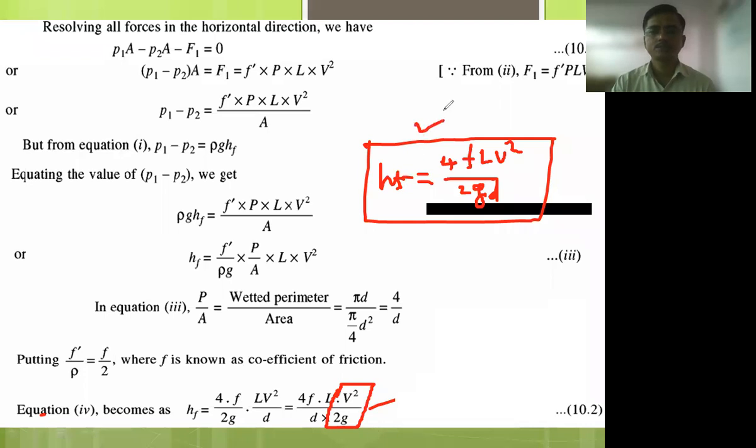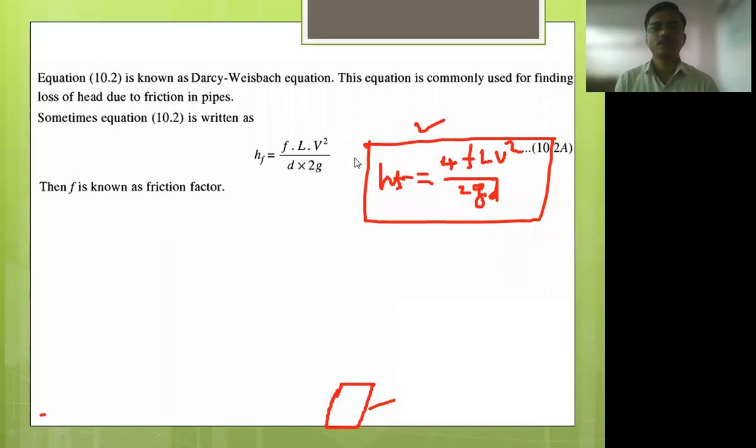Have you written this equation? Yes. Then write down the equation number, equation number 1. So equation 1 is known as the Darcy-Weisbach equation.